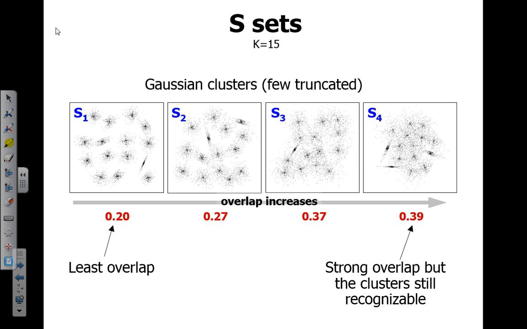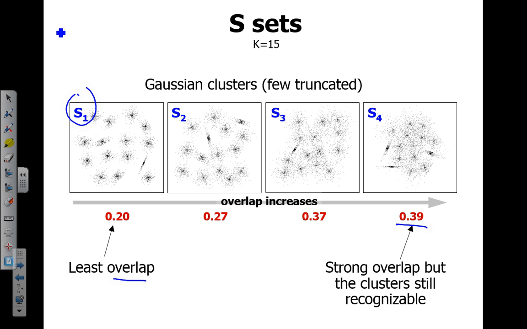Then in the S sets, we have the same number of clusters, and here the main aspect that is varying is the overlap. In the S1 dataset you can see the clusters are quite well separated, according to this measure of overlap. This is the smallest overlap, S2 has a little bit more, S3 quite a strong overlap already, and S4 has really serious overlap.